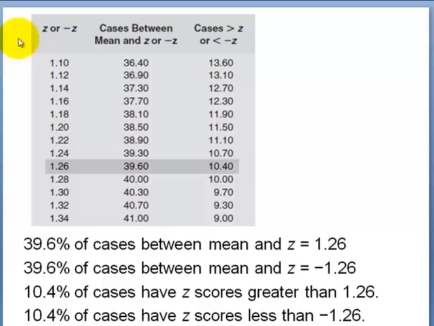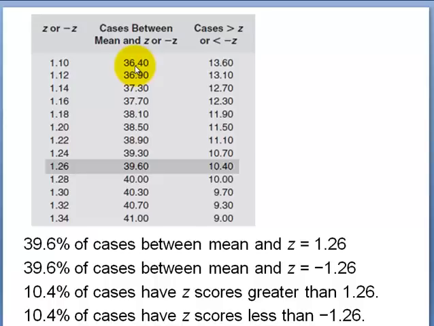Appendix A, Table 1, I think, towards the back of your book, is a table of z-scores. And this z-score distribution table lists for many z-scores both the percentage of cases between the mean and the z-score, and then also the percentage of cases that differ from the mean by more than the given z-score. Now notice that each of these columns is listing information for both positive and negative z-scores.